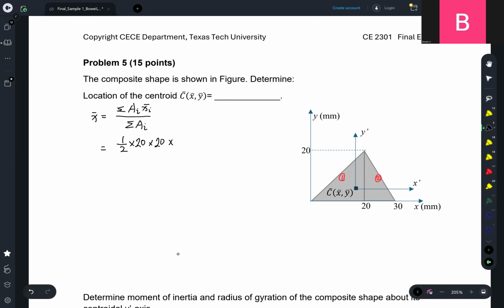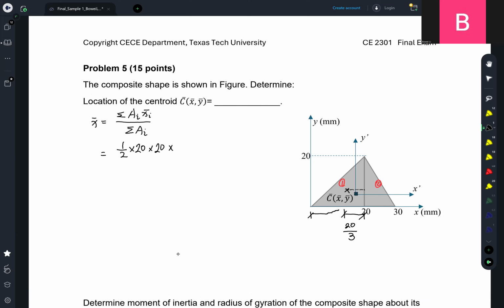If we denote the centroid of the first triangle, the distance from the centroid to the head equals one third of the base, which is 20 divided by 3.